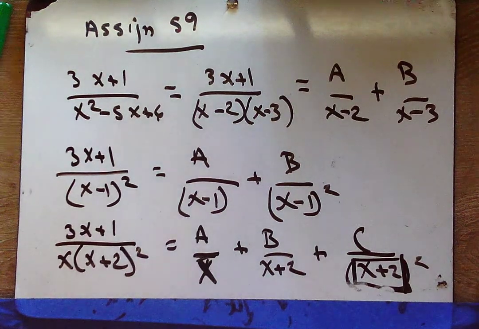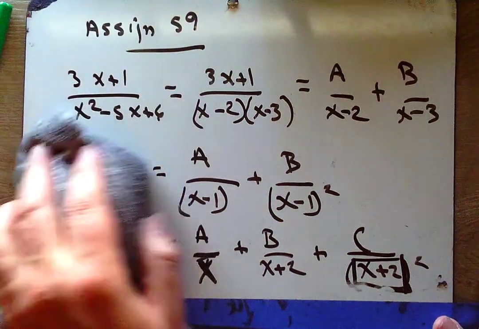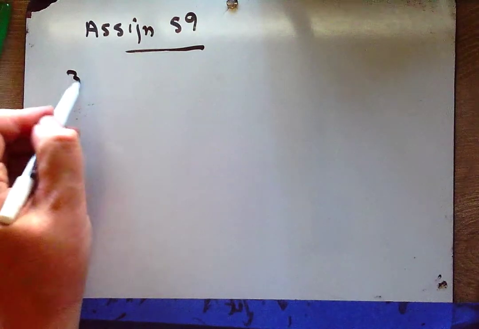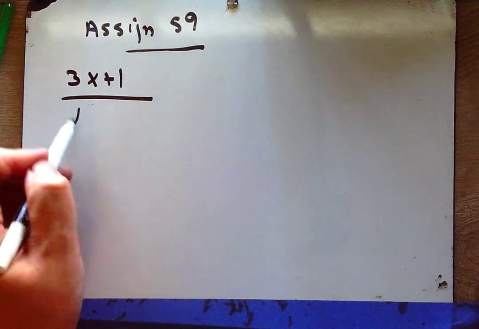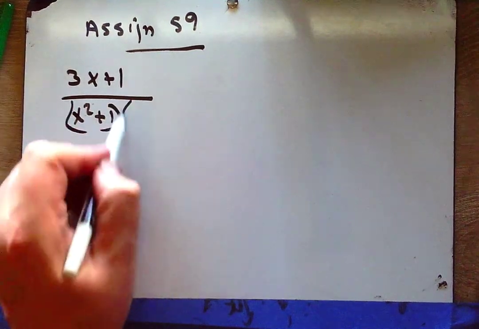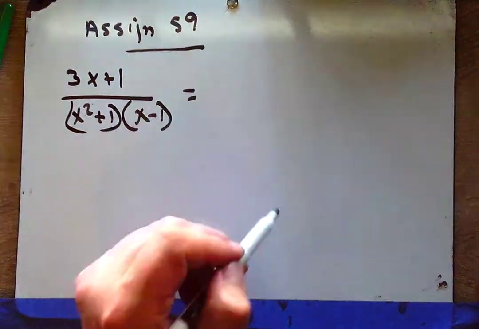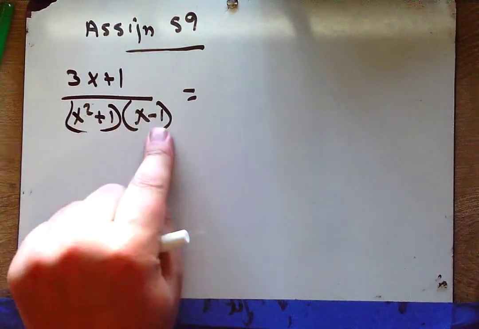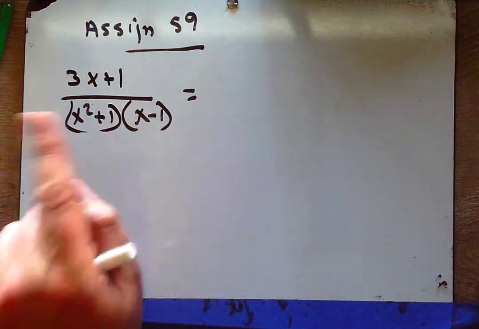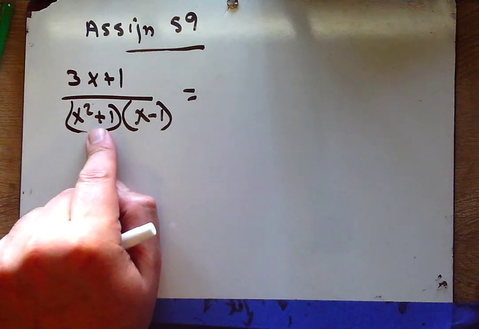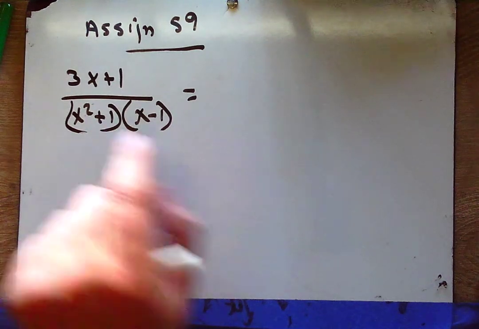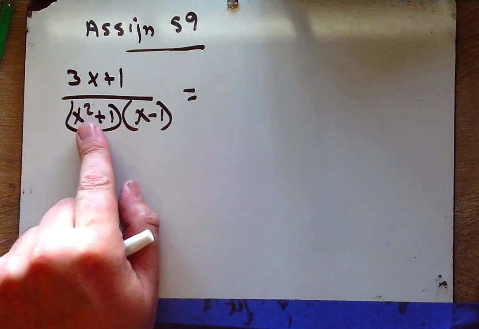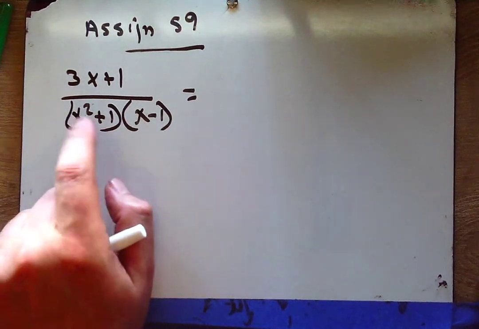And then this last one, what could I do in this situation where I have 3x plus 1 over x squared plus 1, x minus 1? Well, they're not the same. So there's a non-repeated linear, and that's a non-repeated irreducible quadratic. My impulse is to put A over this and then move on to that. But I think I'm going to start here.